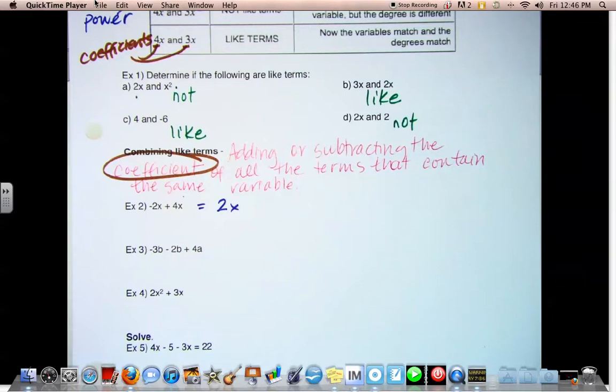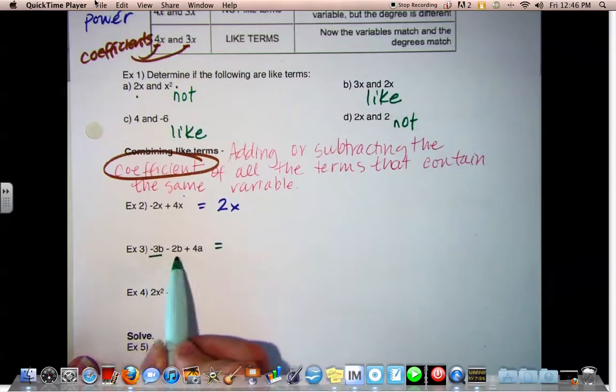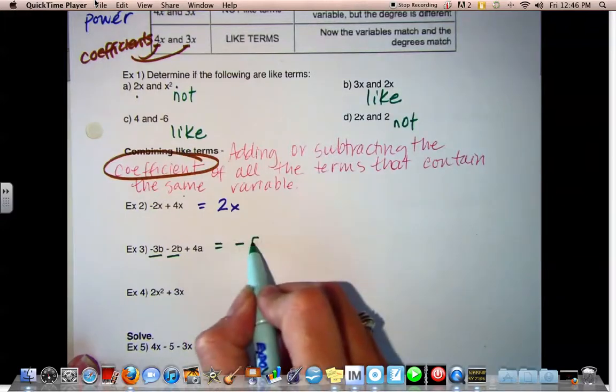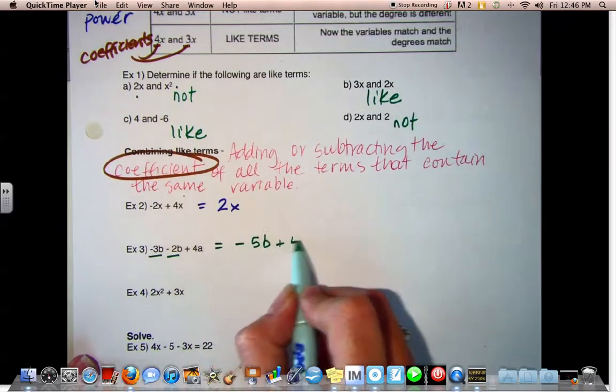Negative 3b minus 2b plus 4a. So do we have like terms? Yes. Are they all like terms? No. So what like terms do we have? Negative 3b and negative 2b, so it's negative 5b plus 4a.